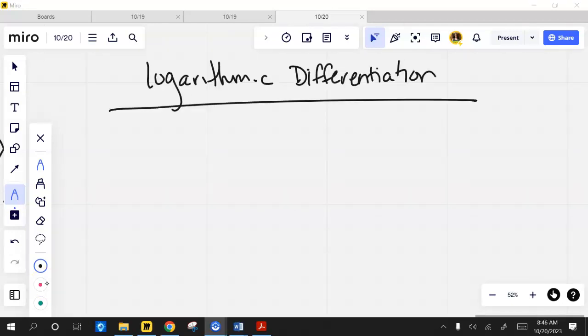This is not like you won't see logarithmic differentiation on any of the required topics, but it is a way to find a derivative when you feel stuck and you cannot find the derivative of anything and you don't know how to do it. You can't see how chain might work. You can't see how anything might work.